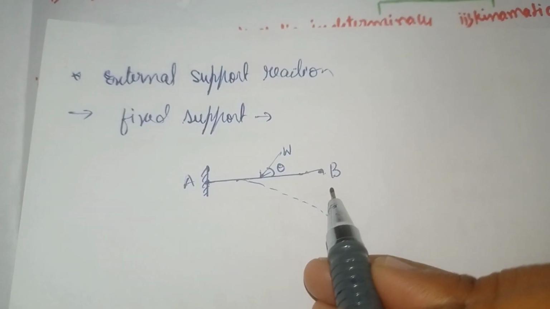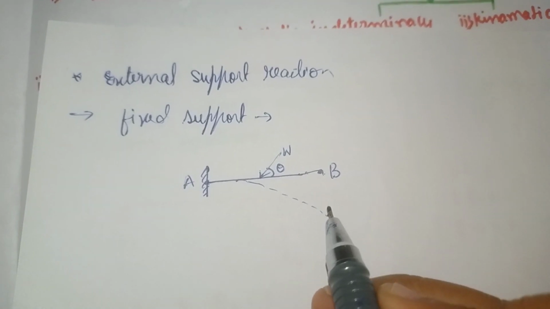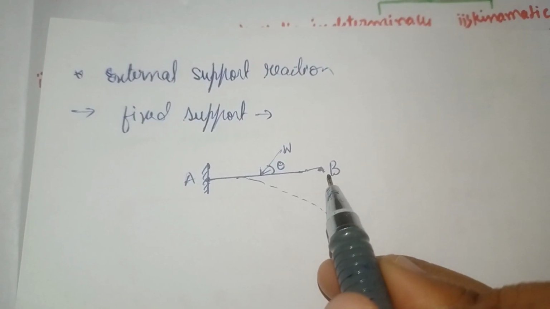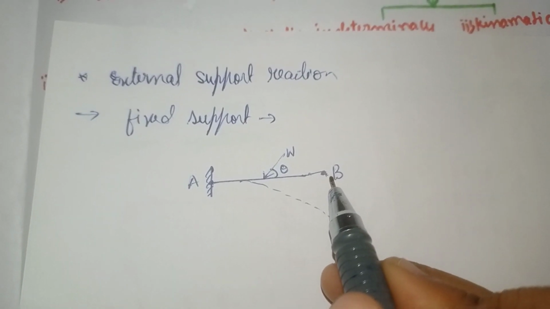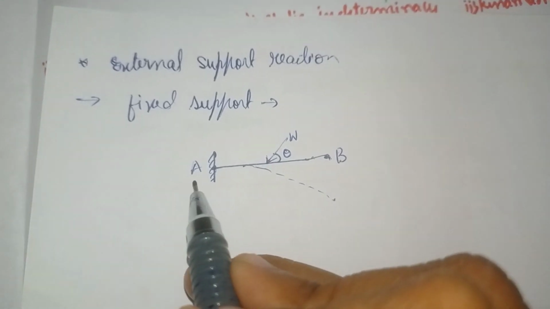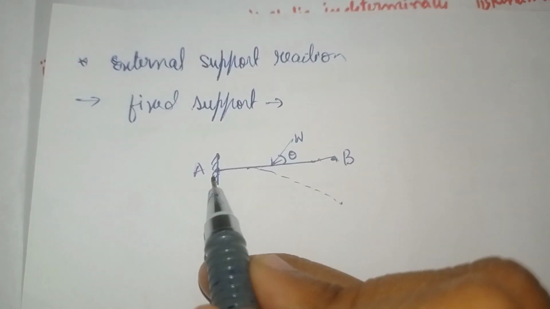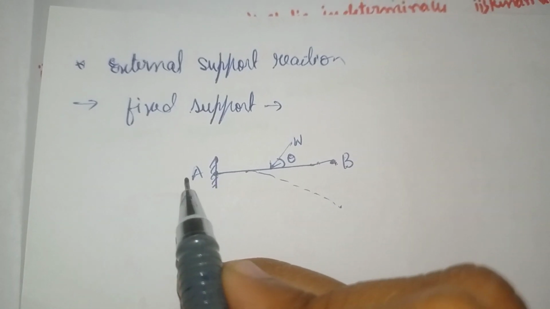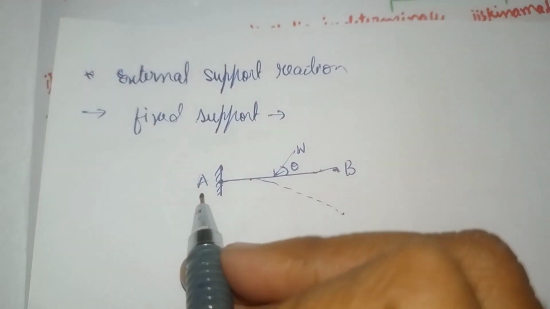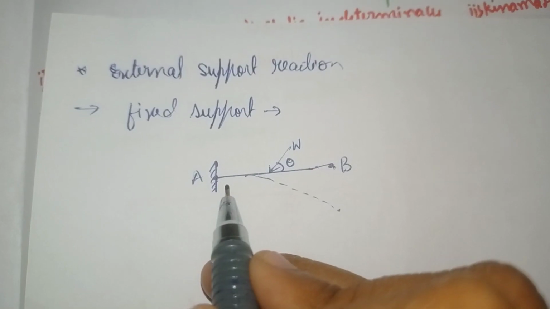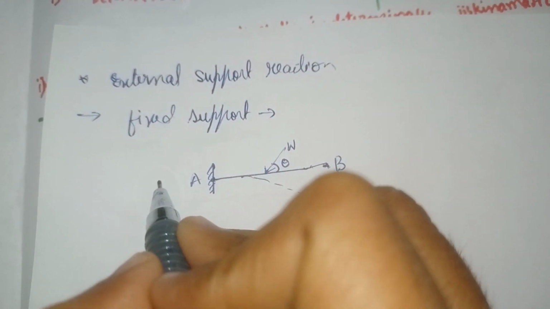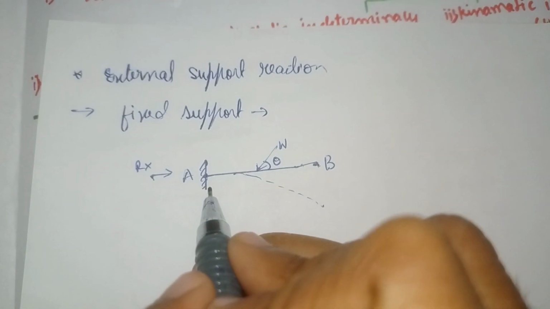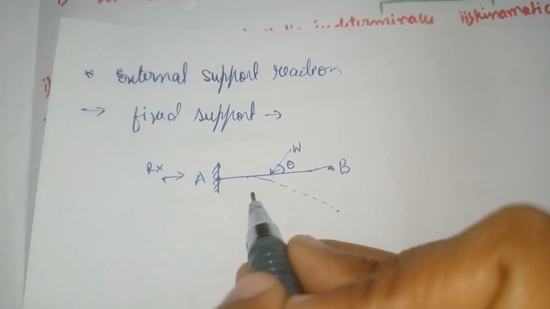Is there any formation of reaction at point B? No, because of this displacement there is no formation of reaction at point B. At point A, there is no displacement in the horizontal direction, so it restrains the displacement. It means a horizontal reaction will form, and we'll call it Rx, because it restrains the horizontal displacement.